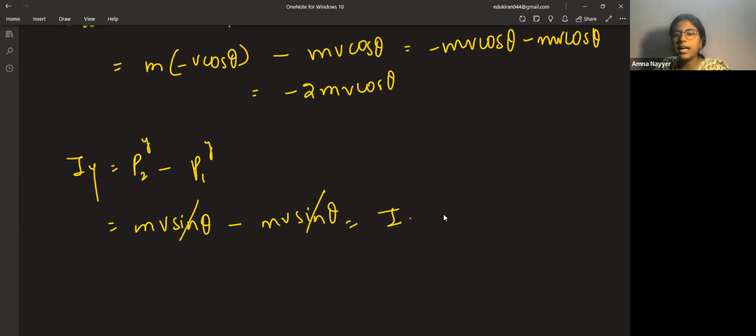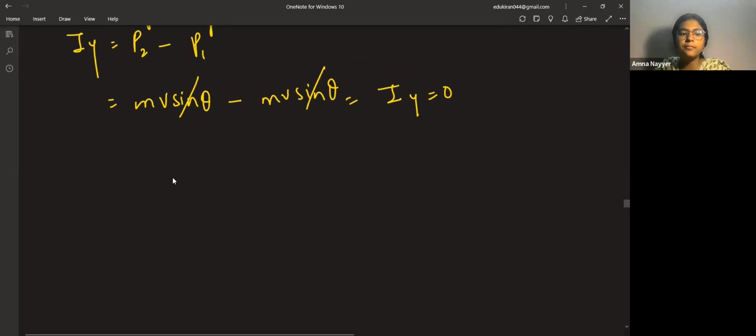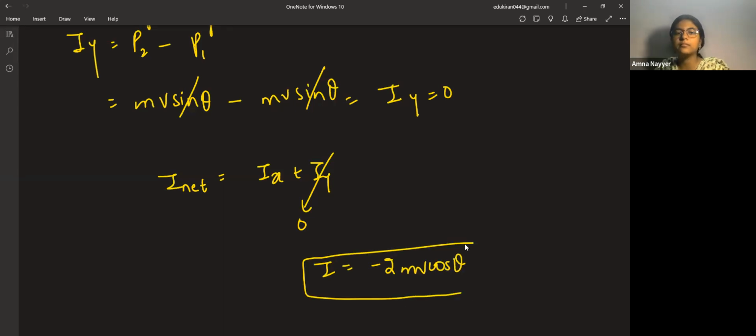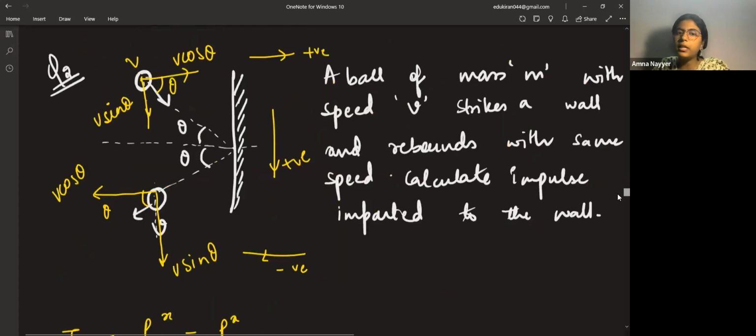Impulse along the y-axis is coming 0. So what is the net impulse? The net impulse will be Ix plus Iy. Since Iy is 0, the net answer is minus 2MV cos theta only. Note it down, then we'll see the pulley mass system.